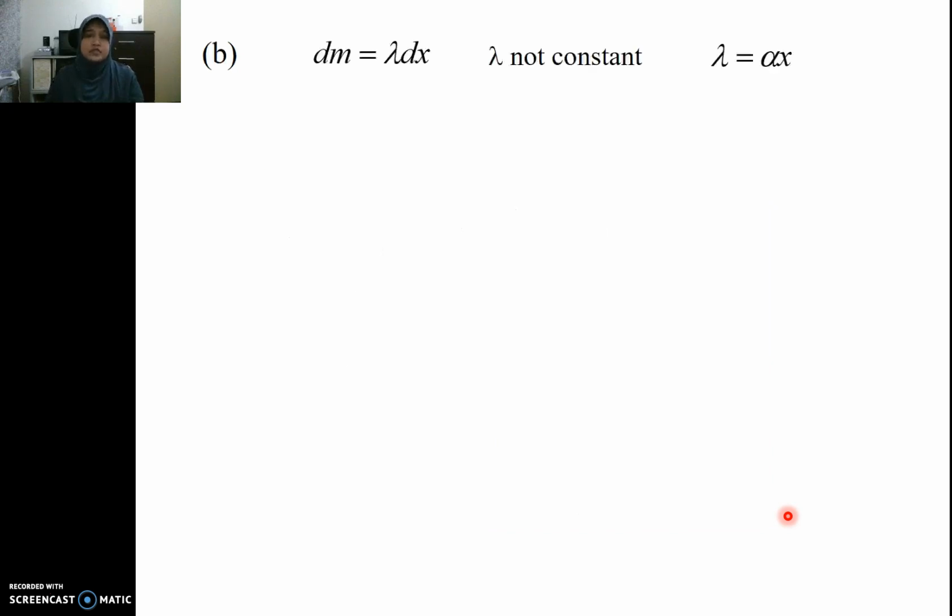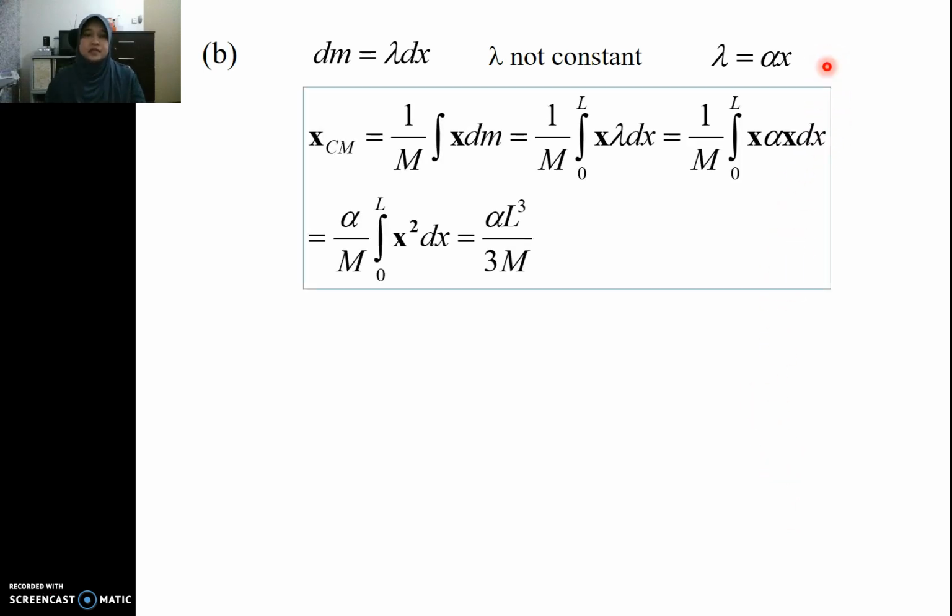For the second question, where lambda is not constant, where lambda is given by the function alpha x, we substitute into the equation, where lambda we replace with alpha x, and we take out alpha because alpha is a constant value.